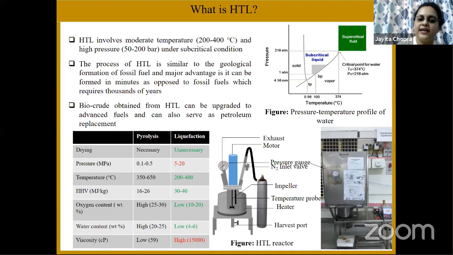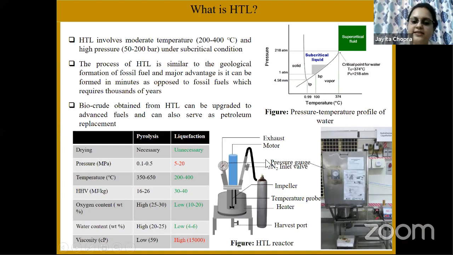Most importantly, a drying step is not required. Also the temperature is moderate as compared to pyrolysis. Also the calorific value of the products in terms of HHV is higher, and the liquefaction products have lesser oxygen content and water content, although the viscosity of the product is a little high in liquefaction.